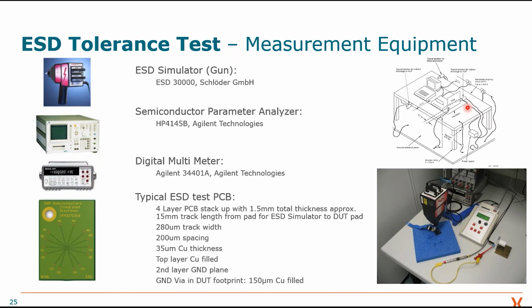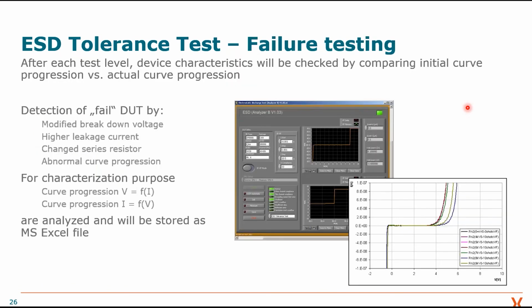And what we then do is we measure the IV curve. And what is interesting here, if an ESD device is not activated, it's high ohmic, low capacitance. And if it's turning on as an ESD device or starting to even fail, then it becomes low ohmic and has a high capacitance.